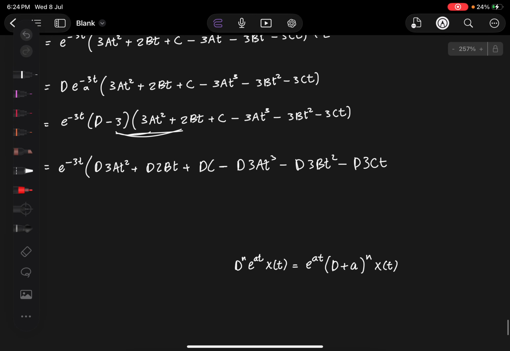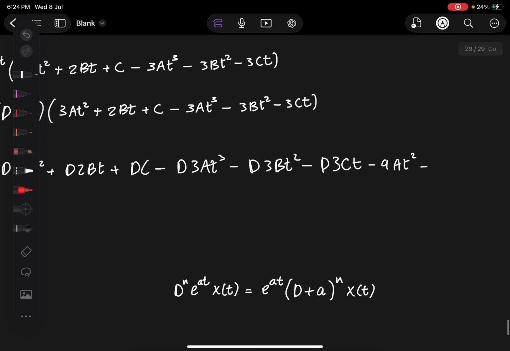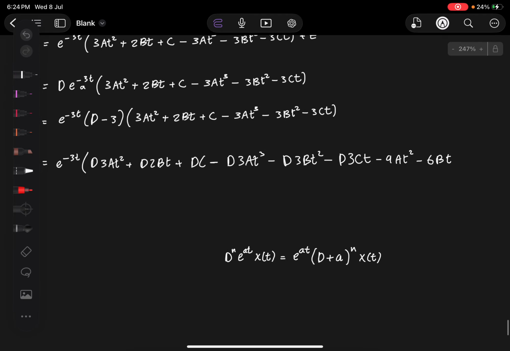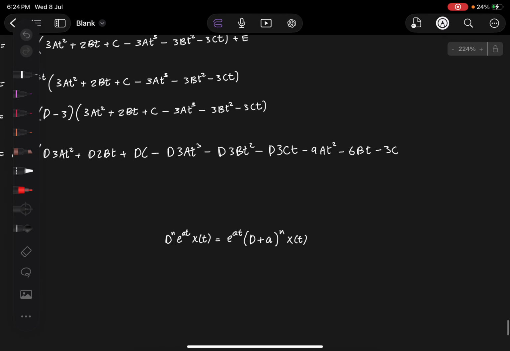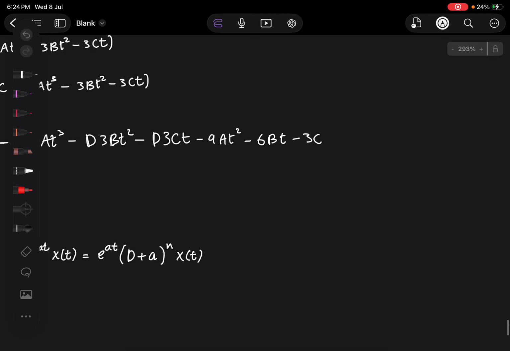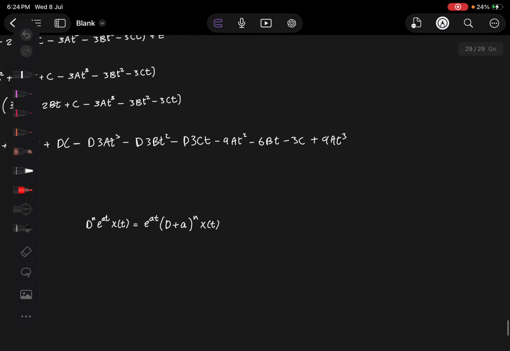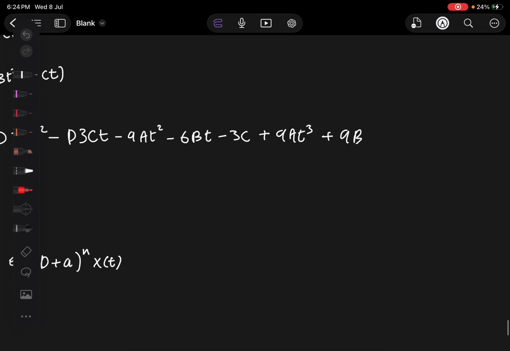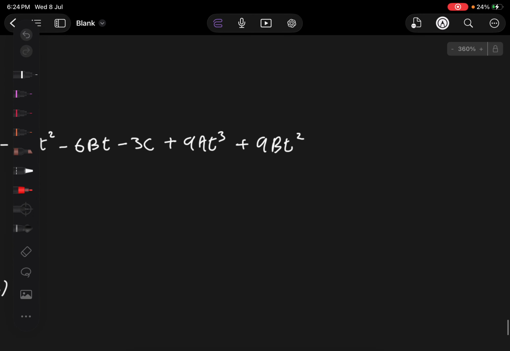Next you distribute the 3, so that's minus 9at squared minus 6bt minus 3c, so minus 3c plus 9at cubed plus 9bt squared plus 9ct.